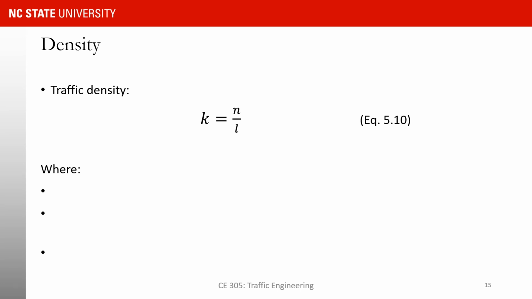So the other parameter that I want to talk about is traffic density. So this is the number of vehicles per unit distance.